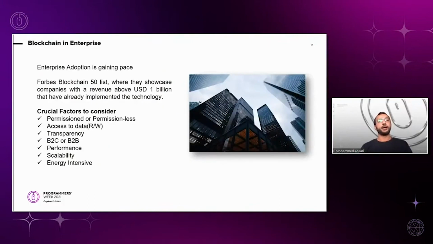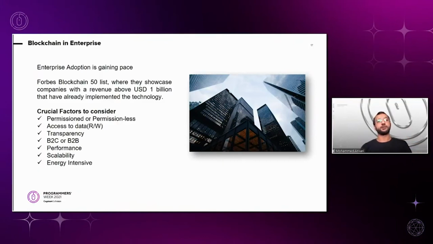Now, blockchain in enterprise adoption is, as you all see, whenever there's a Bitcoin bull run in the picture, the speed of blockchain adoption increases because of the qualities it exhibits. Now, in the Forbes Blockchain 50 list, there are more than 50 organizations already.